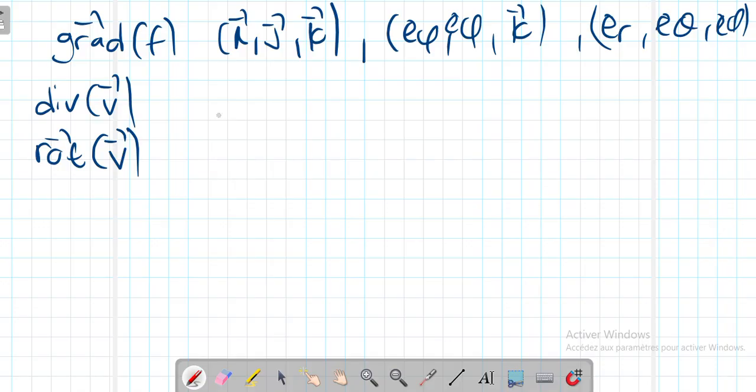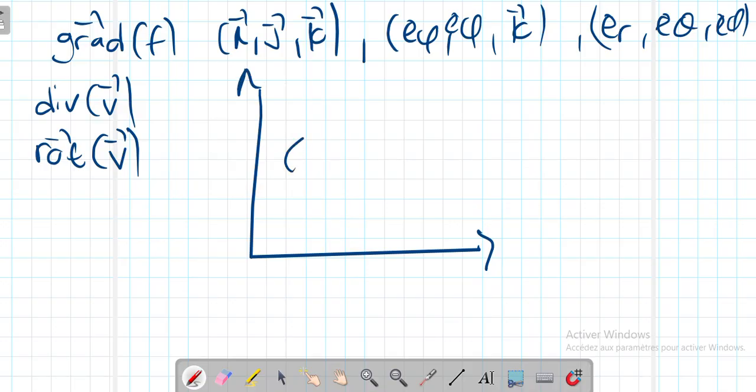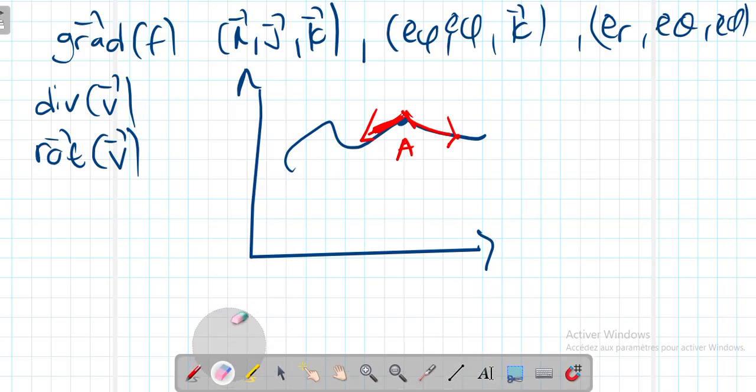If you've got a function, then at a certain point you want to know in which direction the function is going and how steep it is at that point, maybe point A. That's basically what the gradient does to a function.